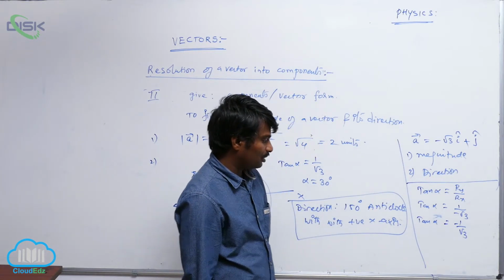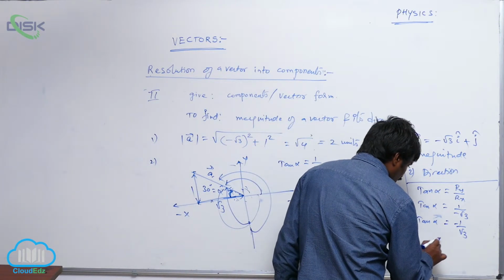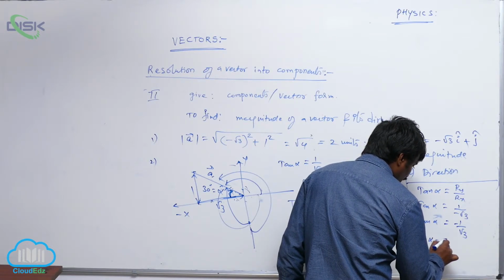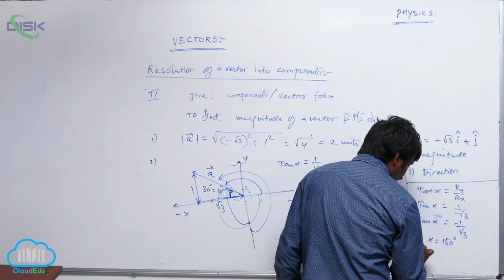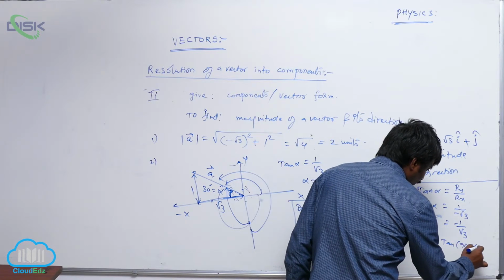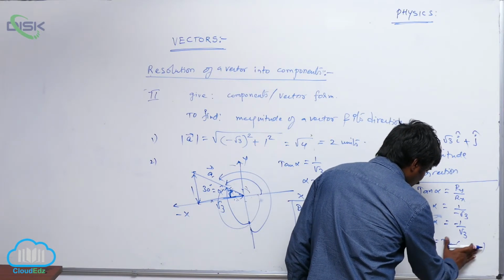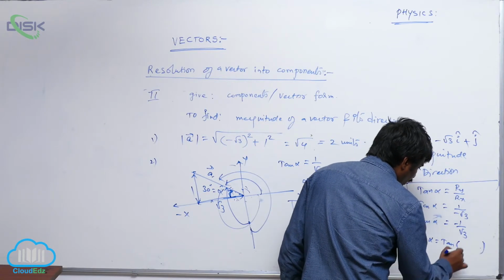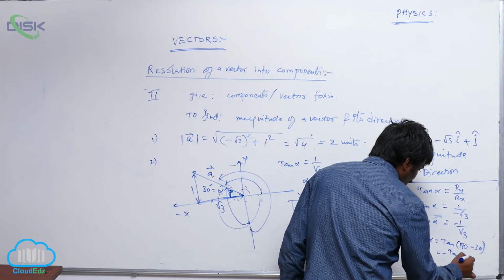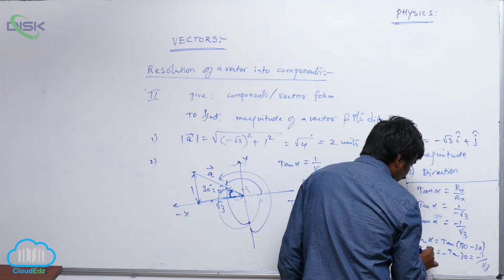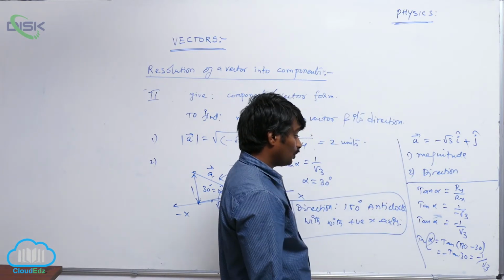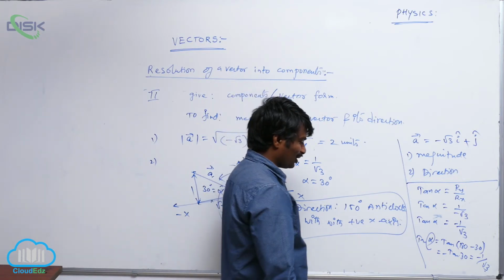Minus 1 by root 3 is, from the table we can write, alpha is equal to, suppose if it is 150 degrees, so tan 90 plus 60, or 180 minus 30, so minus tan 30, minus 1 by root 3. Yes, alpha value is 150 degrees, or even 330 also possible.